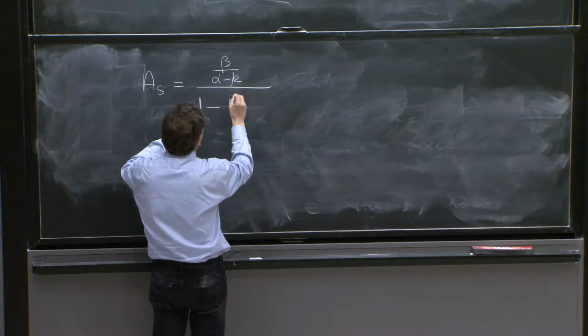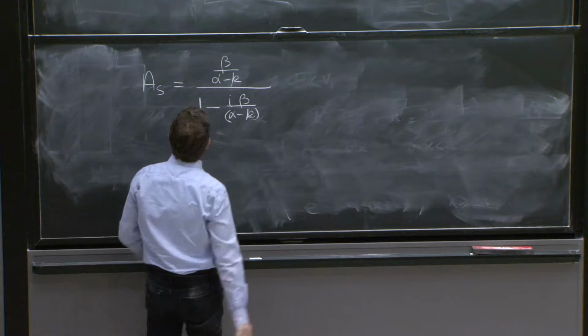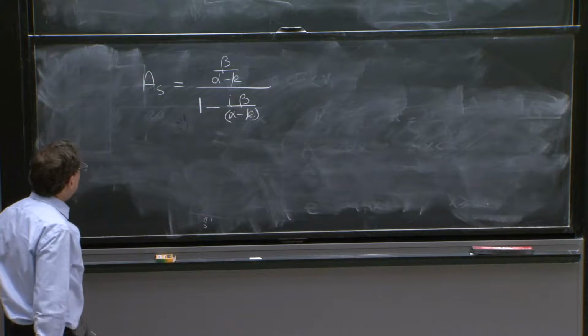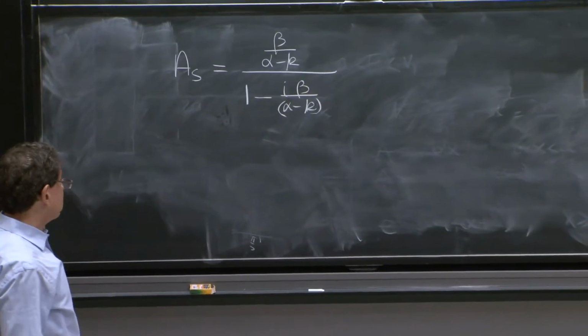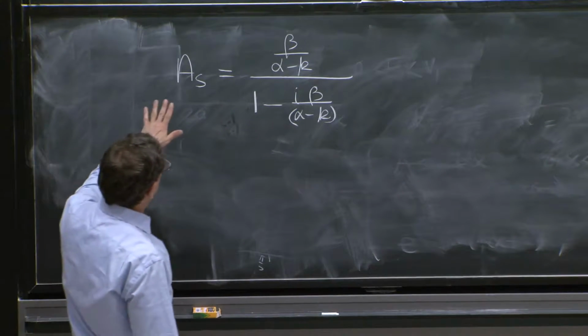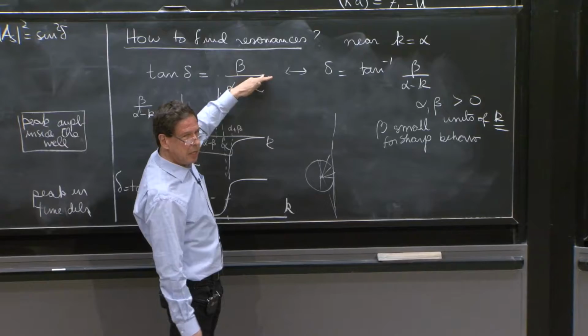So A_S is beta over alpha minus k over 1 minus i beta over alpha minus k again. That's how A_S behaves in general. There's nothing crazy about this, because this is something you all agreed to.